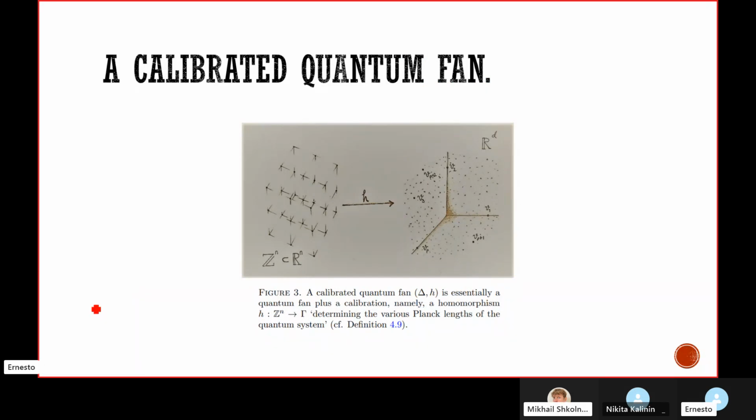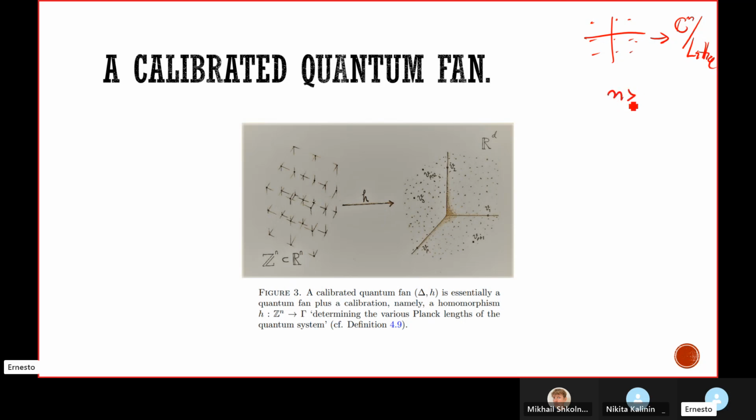Yeah, just in the same way in which we had that classically, a lattice gave me the ability to produce a torus, real or complex, a quantum lattice... If you ignore these rays right now from the fan, you just think of this Zn inside Rn, this H map into Rd.